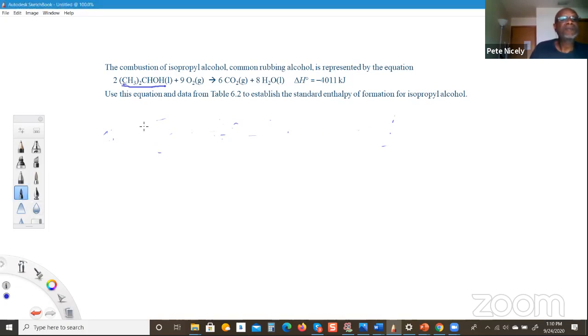So it's products first, so delta H standard for the reaction is equal to 6 times the enthalpy of formation standard of CO2 gas plus 8 times the enthalpy of formation standard of H2O liquid.